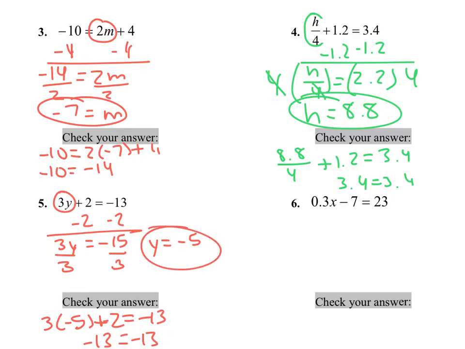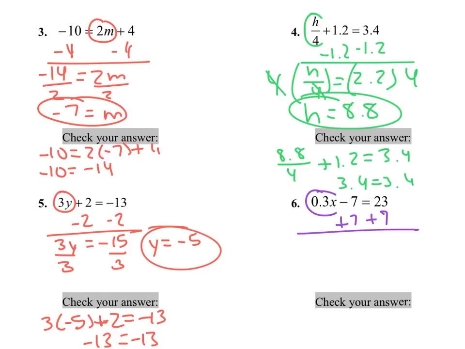Okay, on number 6, we have 0.3x minus 7 equals 23. So circle my number and the variable attached. Let's go ahead and add 7 to both sides because it's the opposite of subtracting 7.